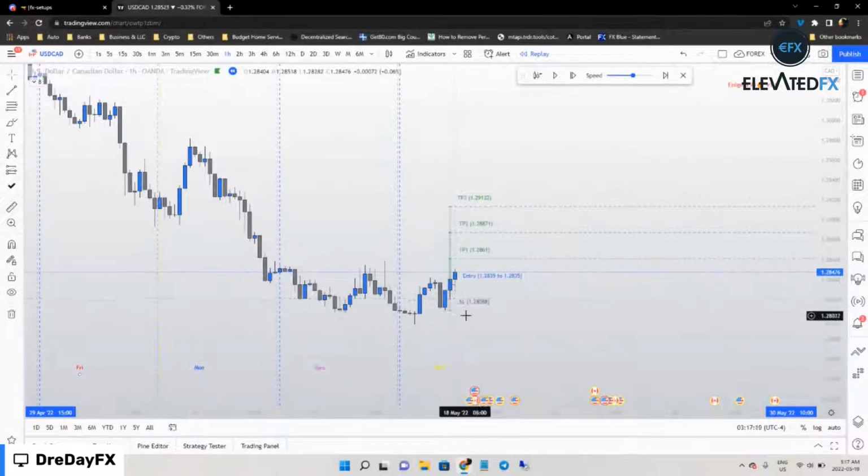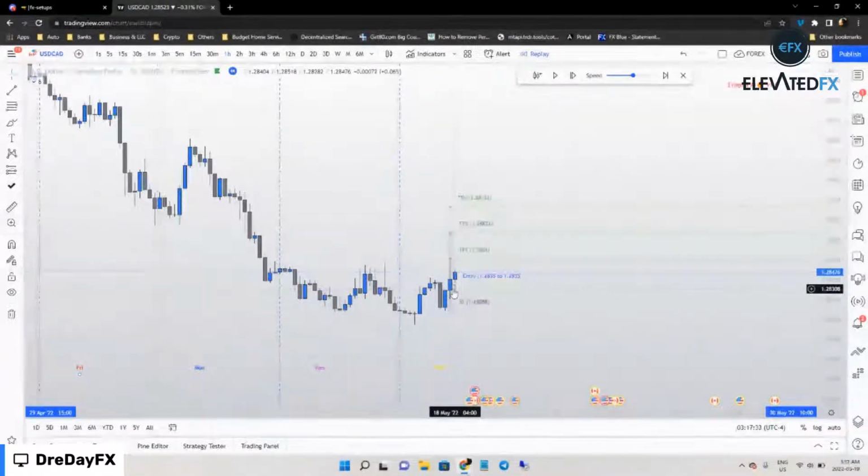Even though you have the stop loss here, you have the option to put it there, or what I personally do is put my stop loss at the previous wick. It could be the entry, the start of the candle, or the previous wick if there's a wick.